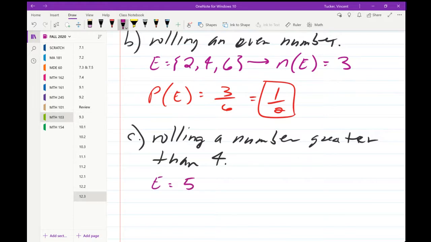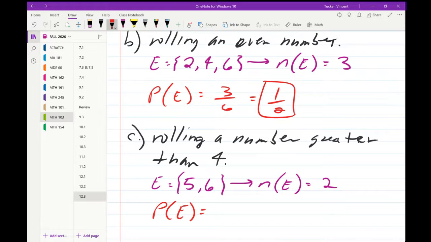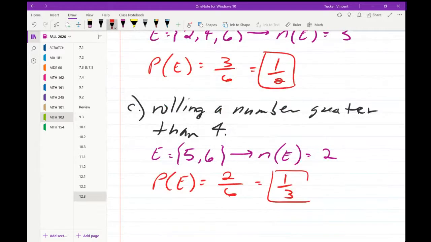All the numbers that are greater than 4 are 5 and 6. So there are 2 numbers that fit that description. So the probability of rolling a number greater than 4 is 2 over 6, which is 1/3. All right, questions before we go to another problem?